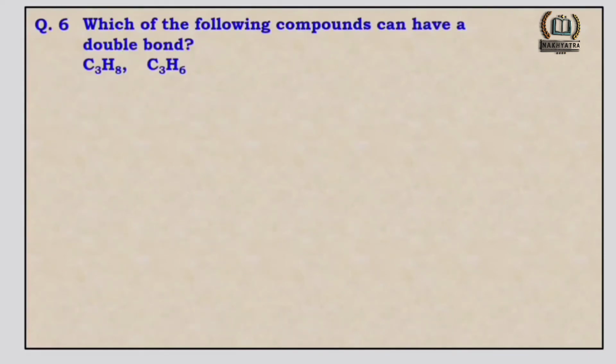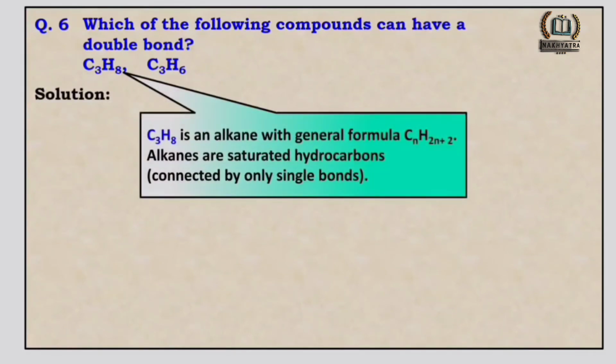Good. Now question number 6. Which of the following compounds can have a double bond? Now we have to find out which of the following compounds have a double bond. Now see, C3H8 is an alkane with general formula CnH2n+2. Here only alkanes are saturated hydrocarbons, that means connected by only single bonds.